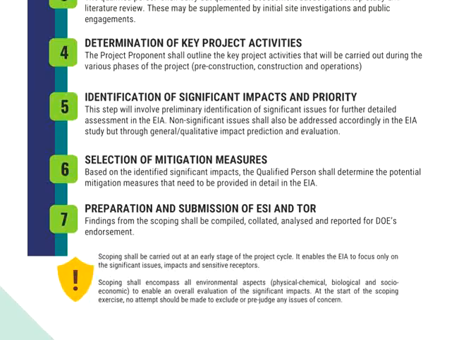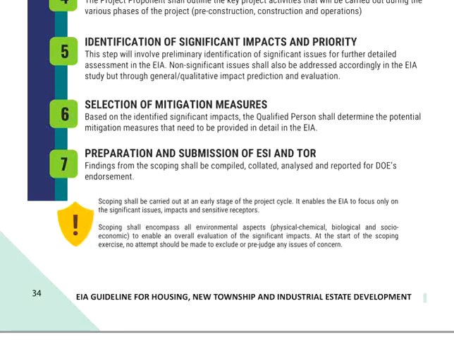The information provided in the ESI should be adequate enough to make decisions during the establishment of the terms of reference. It is also stated that the scoping should encompass all the environmental aspects such as the physical, chemical, biological, and socio-economic, to enable an overall evaluation of the significant impacts.